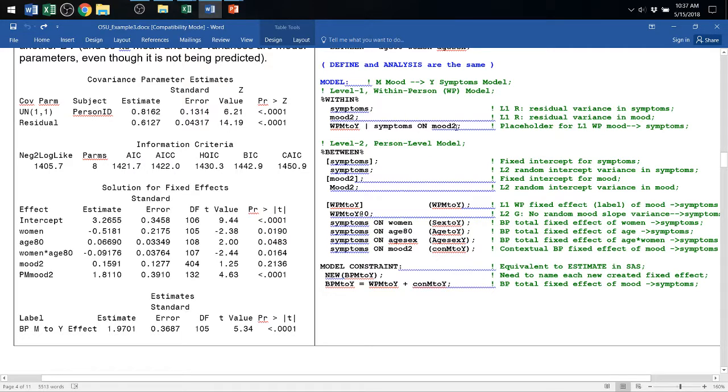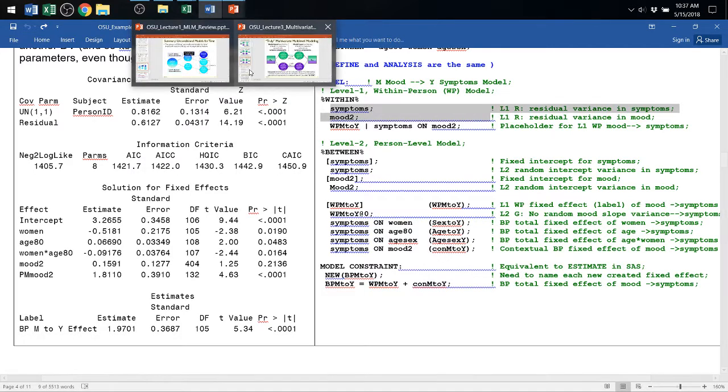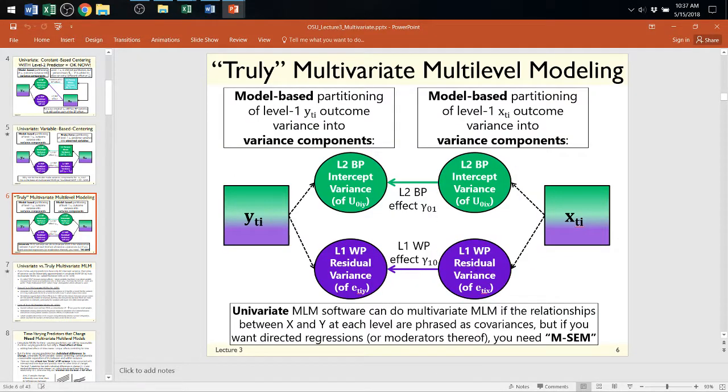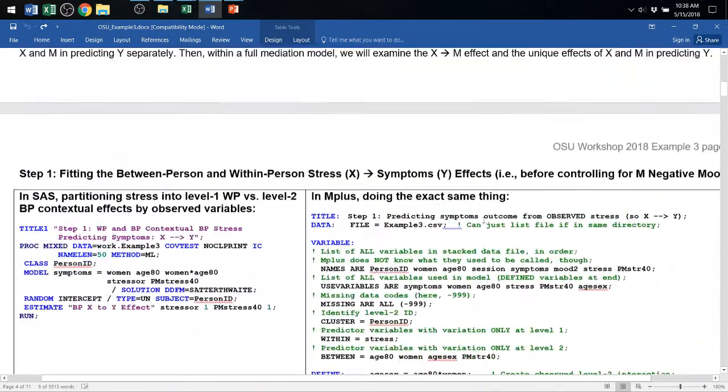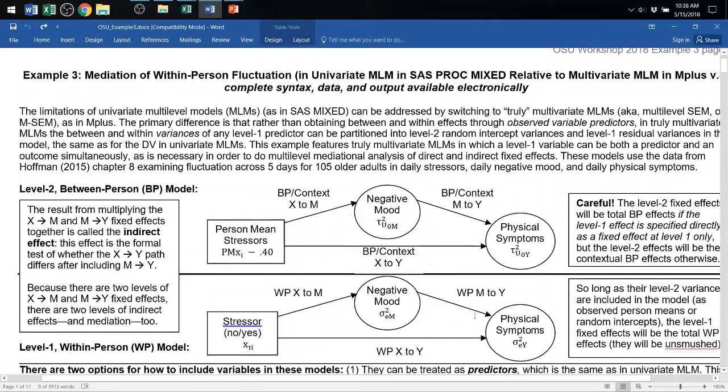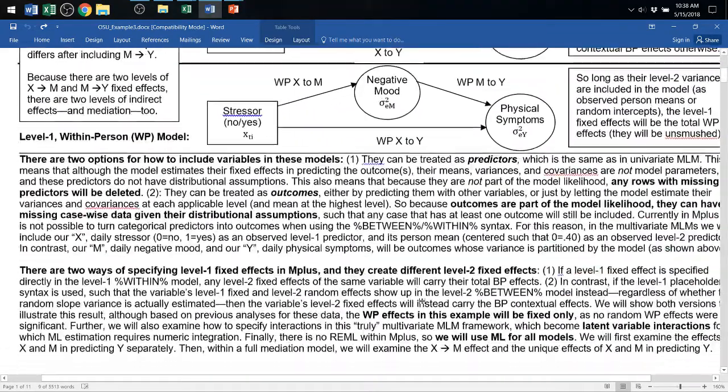So by putting this here, it is the within part of mood that is predicting the within part of symptoms, because these terms refer to these estimated variances right here. So in the picture, the circle predicts the circle. So that's what we're talking about right here, this purple path, or in this path, before controlling for stress.